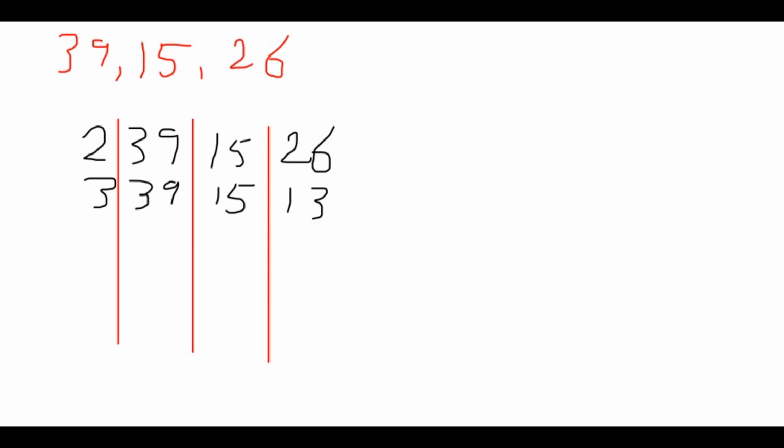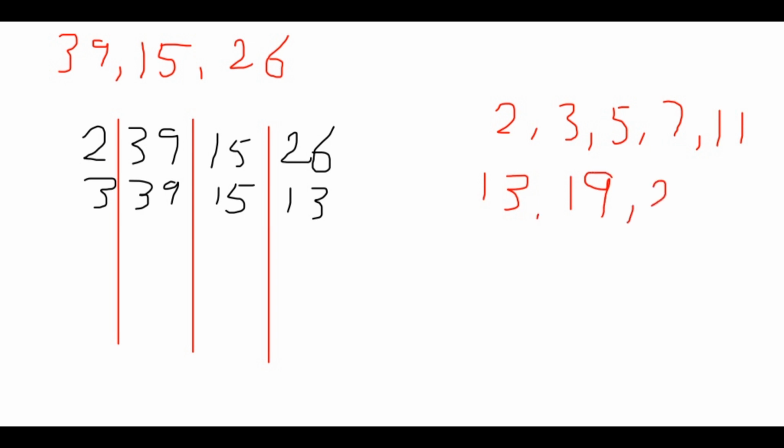Now note, a prime number is a number that doesn't have any other factor except itself and 1. Examples of prime numbers are 2, 3, 5, 7, 11, 13, 19, 23.